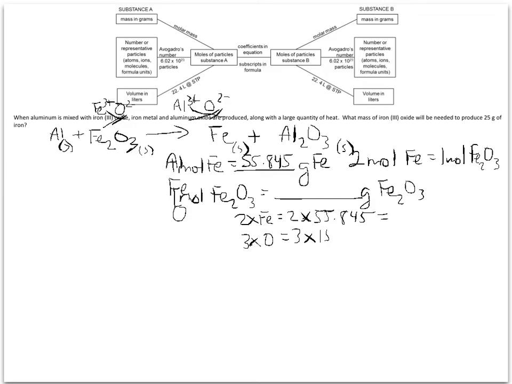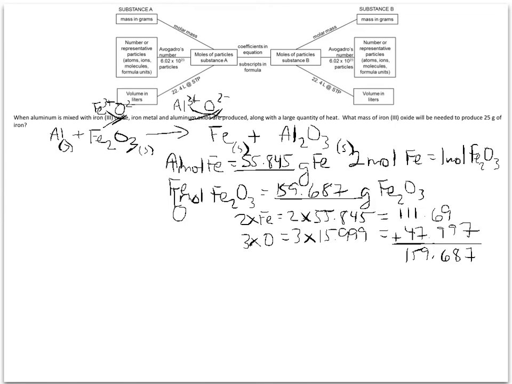So that's 3 times 15.999. So that equals 111.69, and that equals 47.997, and then we add those two together to get our molar mass. And that equals 159.687. And we put that up in our blank up here.